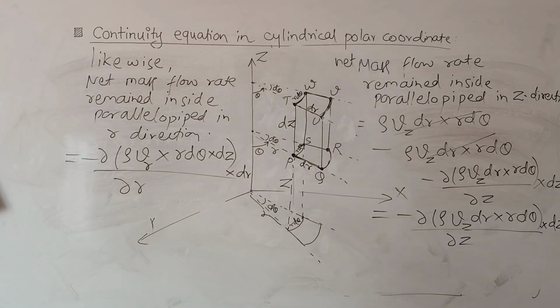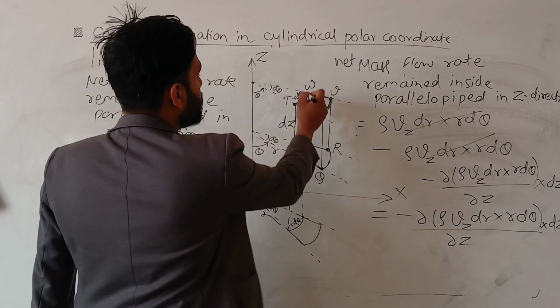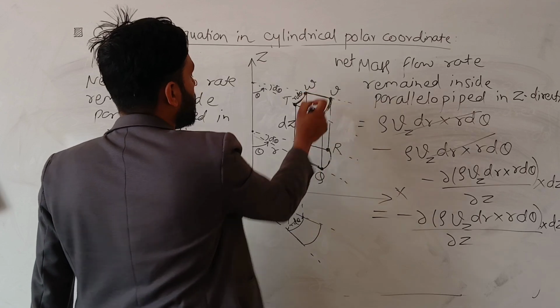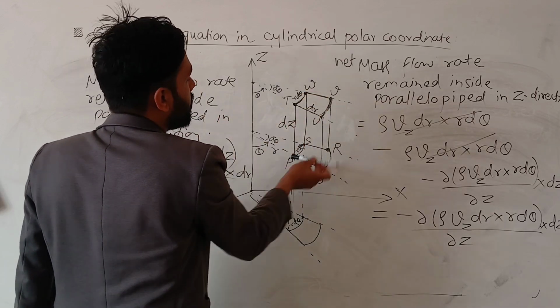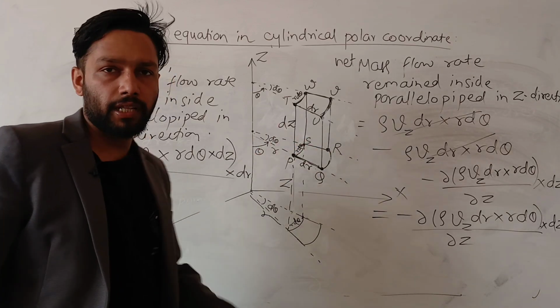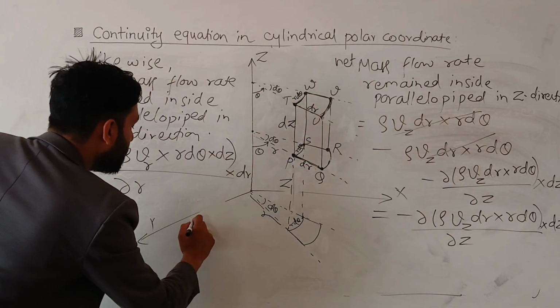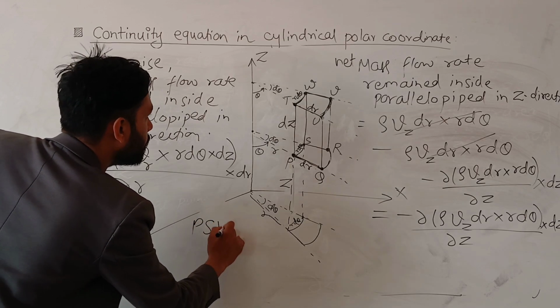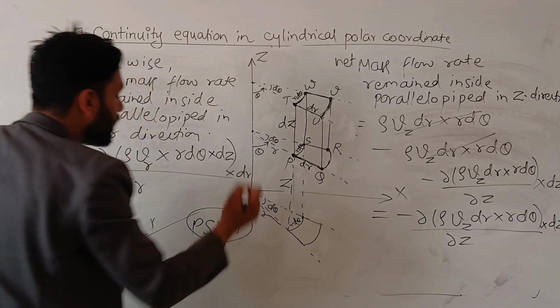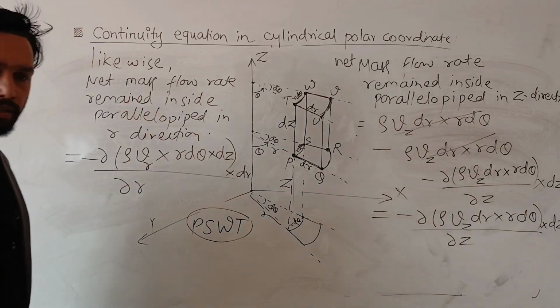So in the radial direction you have to take the area PSWT, okay? You must take the area PSWT, because this radius is perpendicular to this area. So you must take the area perpendicular to the flow. That's why I have taken the area PSWT, that is r d theta into dz in this case, okay?